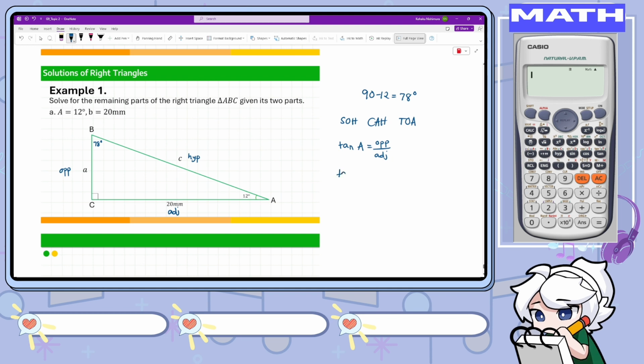Now, let's replace everything that we have right now. So, tangent of A, or the measure of A in this particular case, is 12, right? And opposite being the missing one, let's set that as X. Or rather, more appropriately, let's just write A. And adjacent being 20. I'm going to teach everyone something that I didn't teach in class.